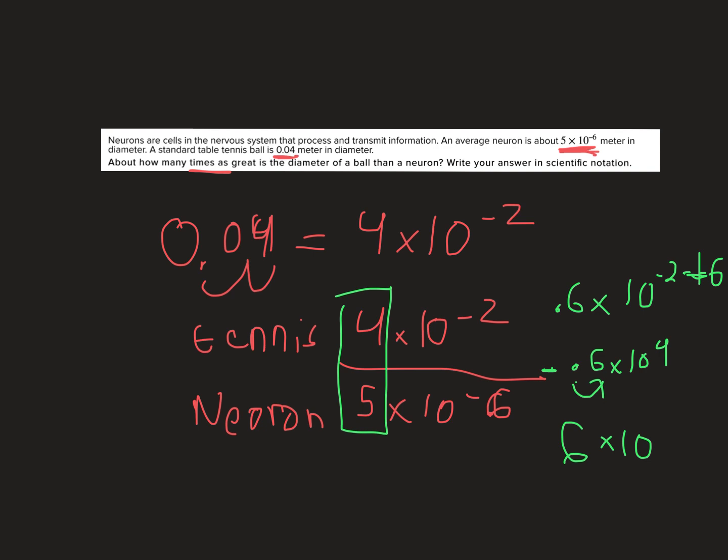Nope, since I went smaller, I want to go smaller. So to the 3rd power. So the tennis ball is 6 times 10 to the 3rd power bigger than a neuron.